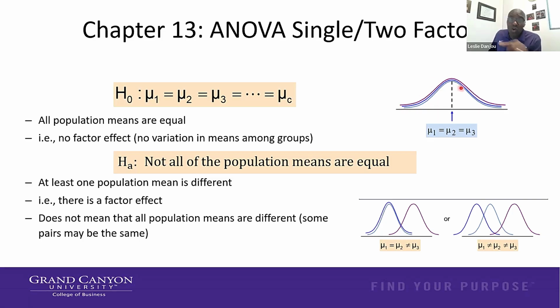But if someone can find one example that God doesn't care for all groups and subgroups of people, then you can say rejected. Not all the population means are equal. If one or more are not equal, it is going to be rejected. It will mean that not all the population means are equal.